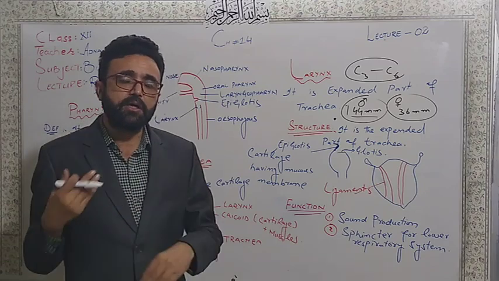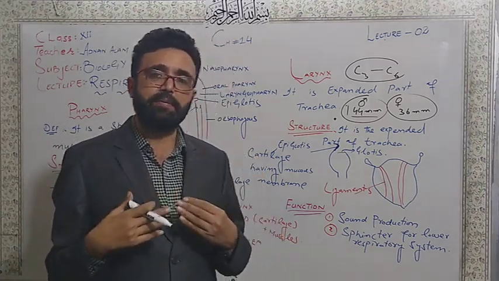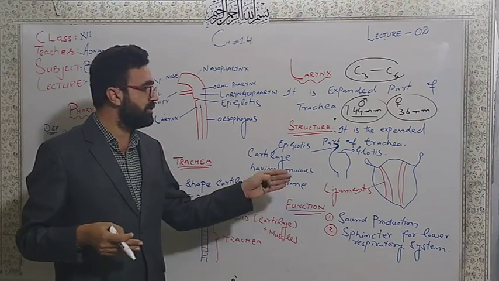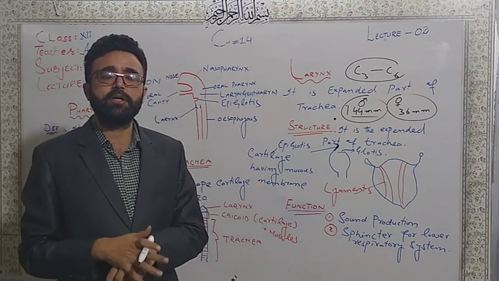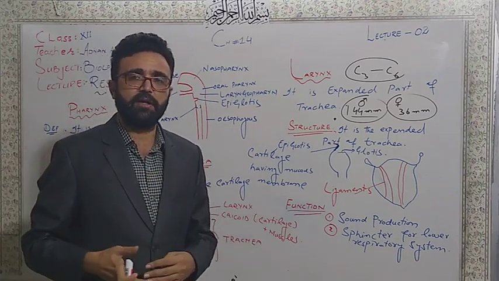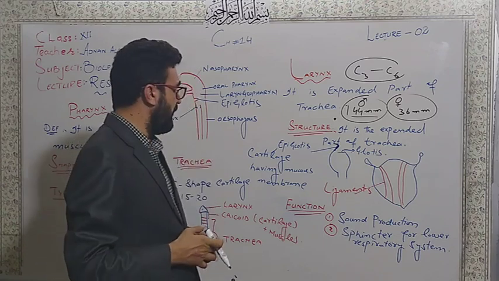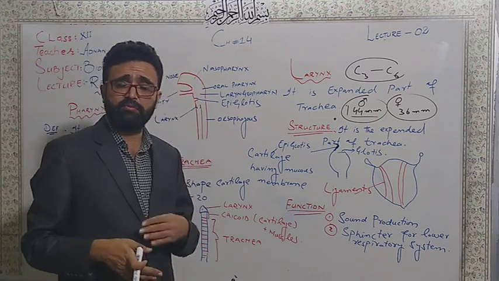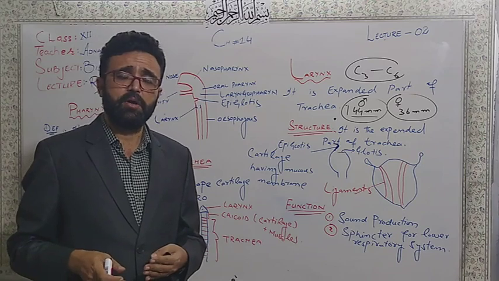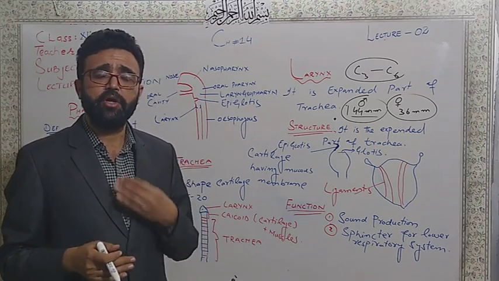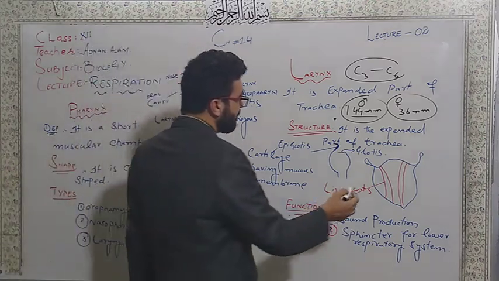Sometimes when we are eating too fast, a particle may enter into the respiratory tract and we start coughing, severe coughing. And then through coughing we expel that particular particle which got into the human respiratory system.